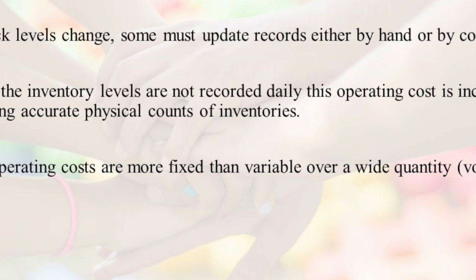Learners, in today's session, we have studied inventory and its types. Inventory can be of three types: manufacturing inventory, stock inventory, and control inventory. We have also discussed factors affecting the inventory.